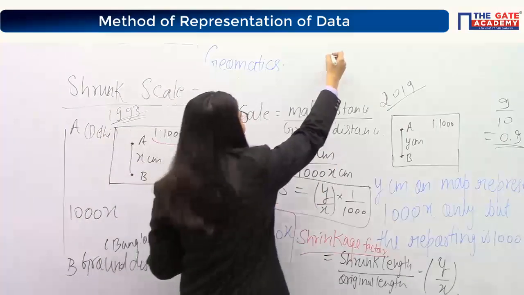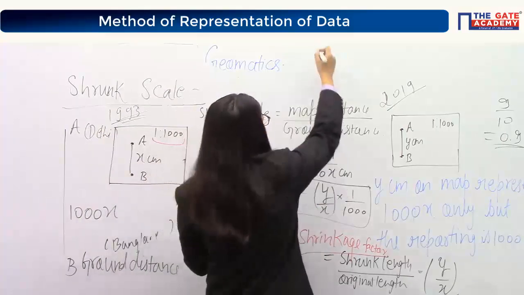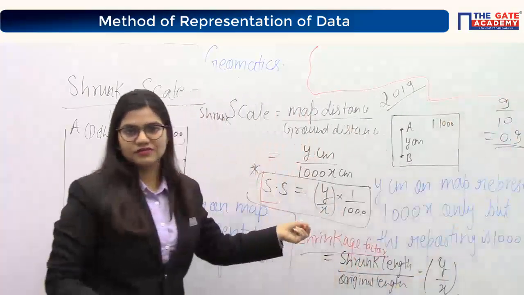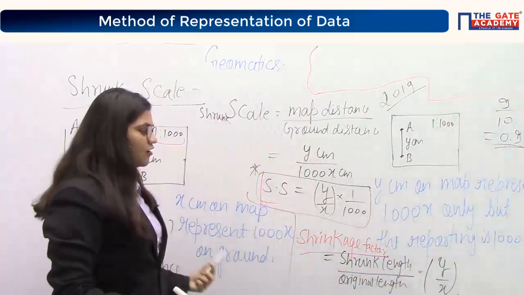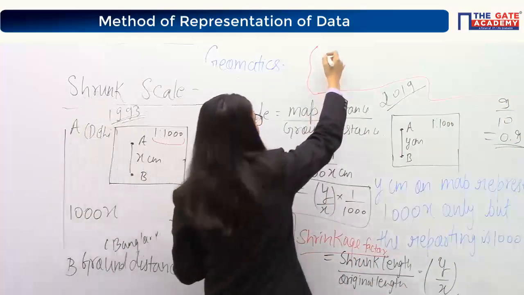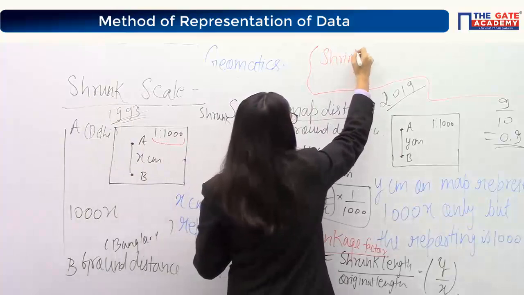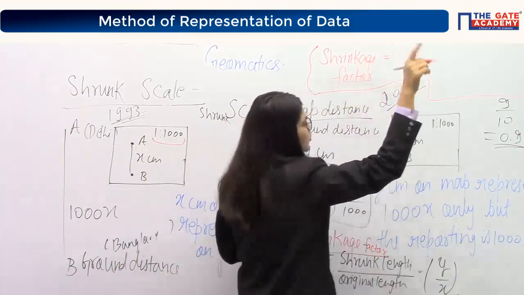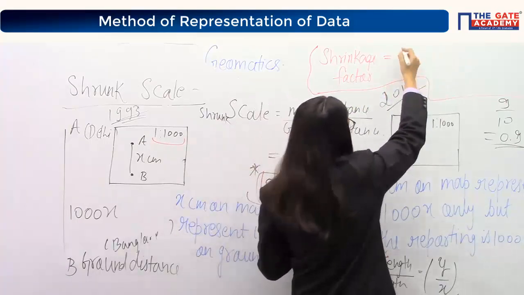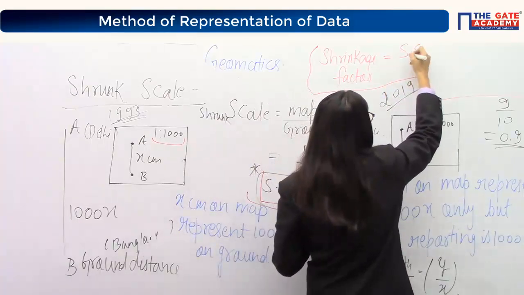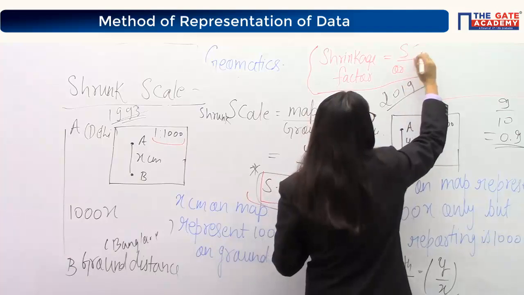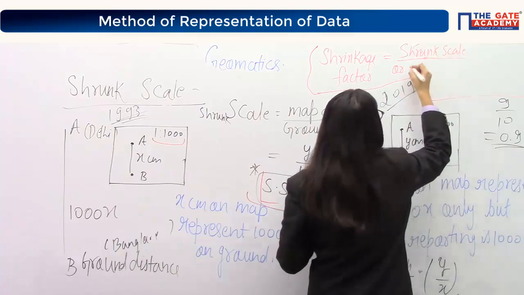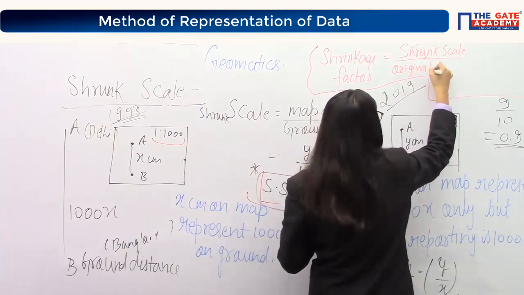If I'm writing your shrinkage factor, see I don't have the space, so I have to write this way only, because otherwise I have to remove everything. So your shrinkage factor you can also define in terms of scale as well. So your shrunk scale divided by your original scale.